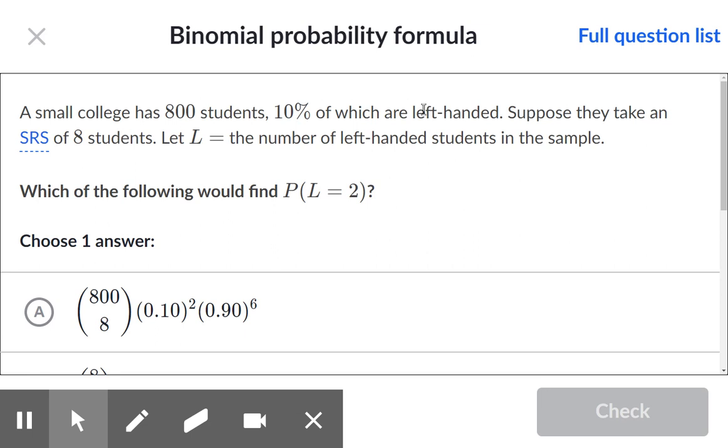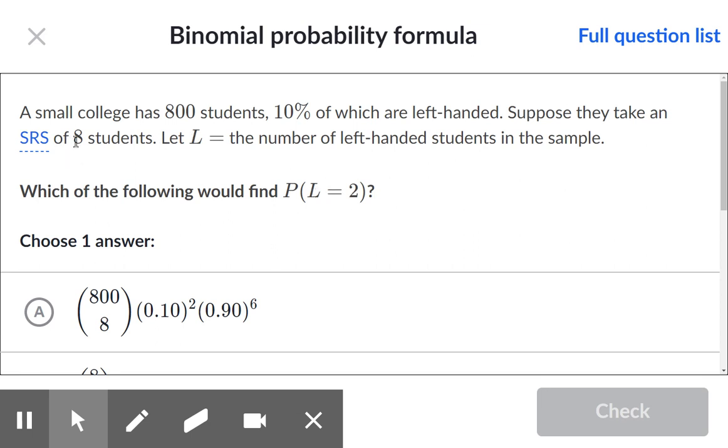Left-handed or right-handed are binary outcomes, so it's only two outcomes. Then n is a fixed number of trials, it's 8, and the probability of success is 10%, because anyone that you pick has a 10% chance of being left-handed. So L equals the number of left-handed students in the sample of 8 students, and they want exactly 2.